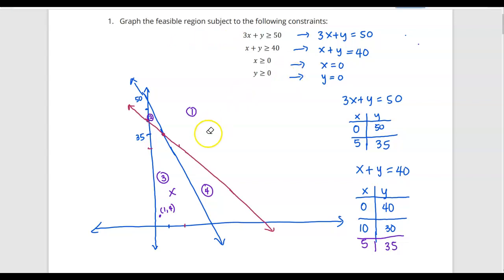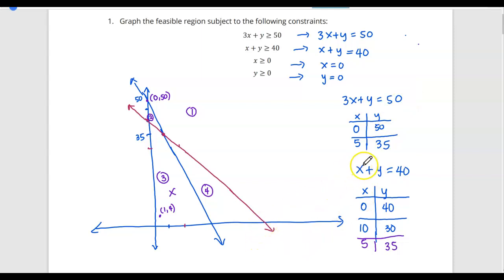Now let's test whether region 1 is a feasible region. To do that, let us first determine a representative point on region 1. We can check on these points here. This is the y-intercept, the point (0, 50), coming from this line here.